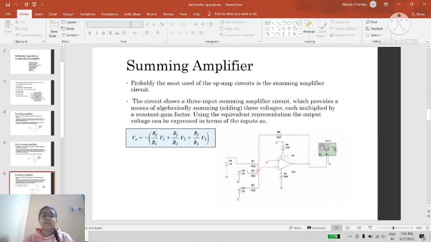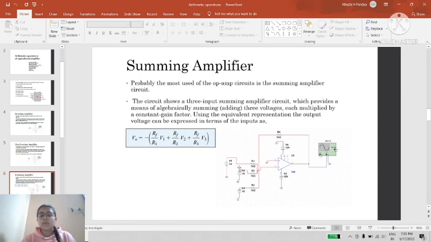After that, summing amplifier. In the summing amplifier circuit, we have used n number of input resistors and supply voltages. They are connected with the inverting terminal.